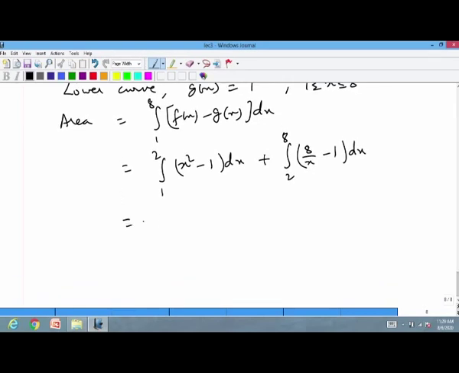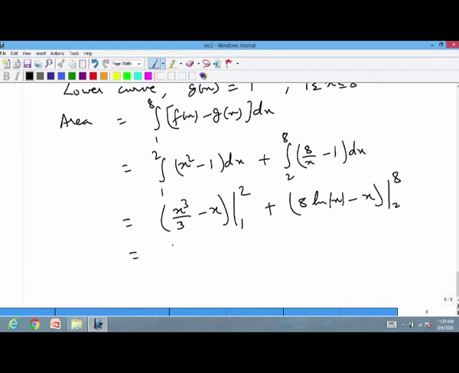This can be easily evaluated. This is equal to x cube by 3 minus x from 1 to 2, and plus 8 log mod x minus x from 2 to 8.